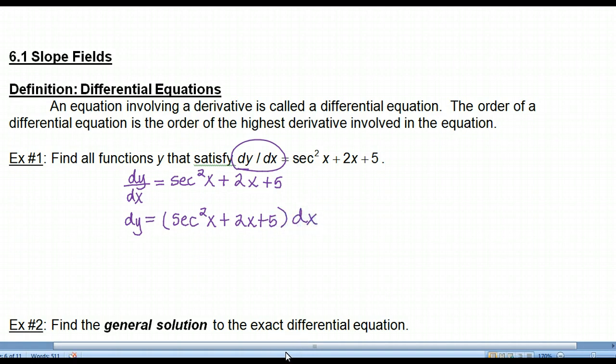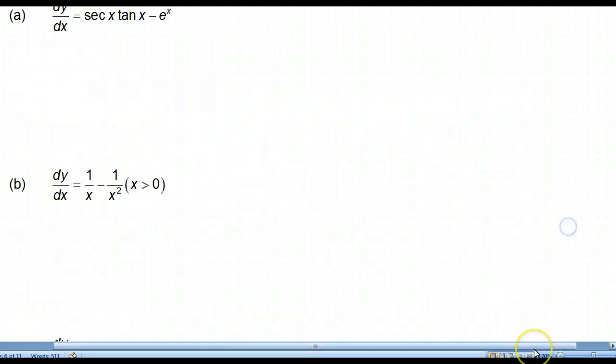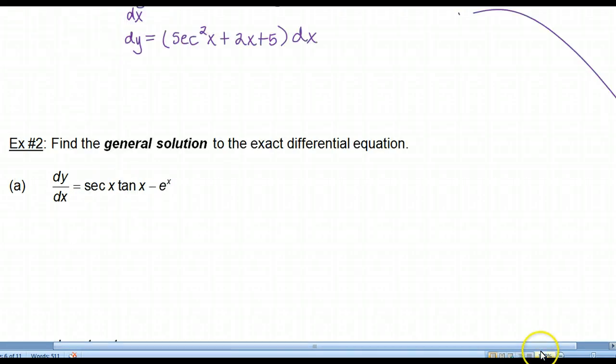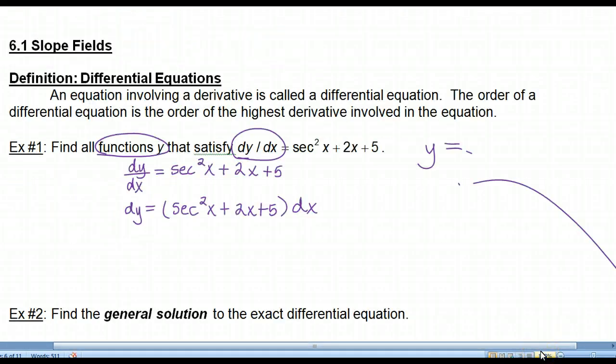So what we're trying to do here is find all functions y. That means we want to get y equals something, so y equals some equation.